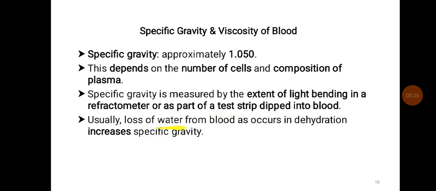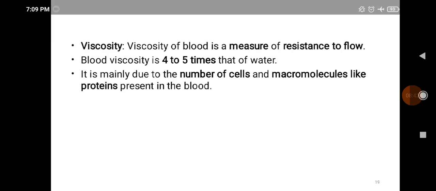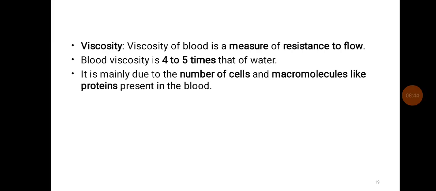Loss of water from blood, as occurs in dehydration, increases the specific gravity. Viscosity of blood is a measure of resistance to flow. Blood viscosity is almost 4 to 5 times that of water. It is mainly due to the number of cells and the macromolecules like proteins that are present in the blood.